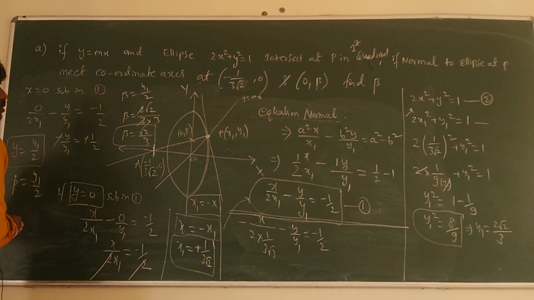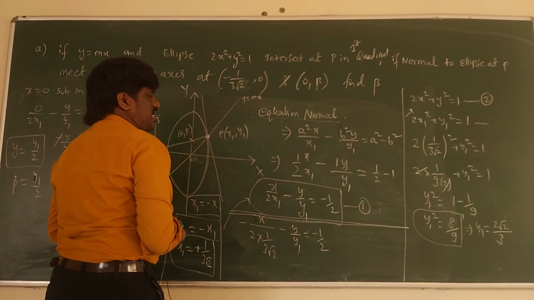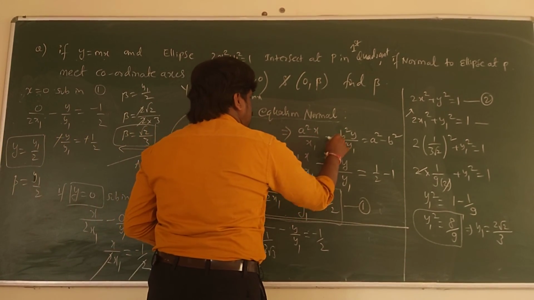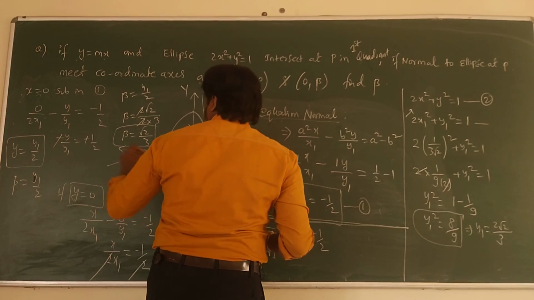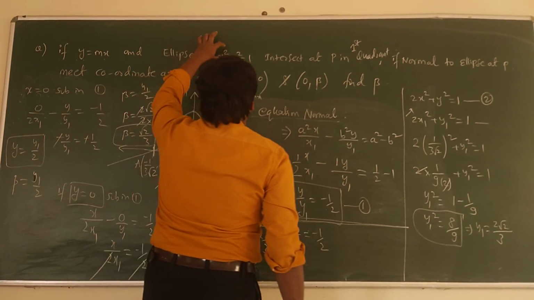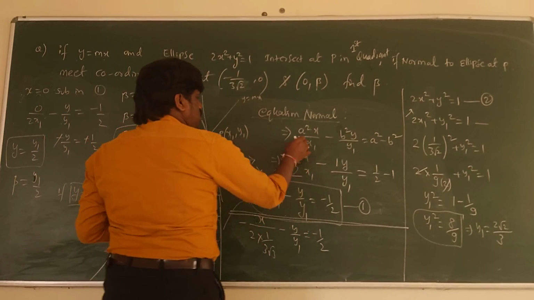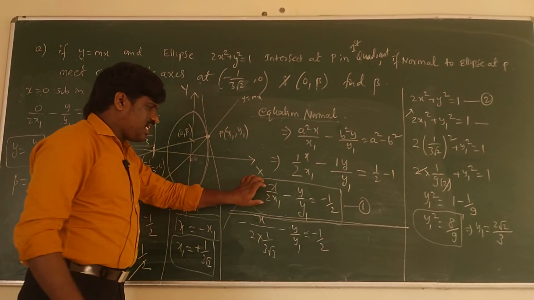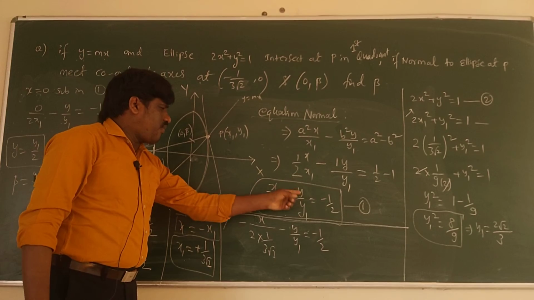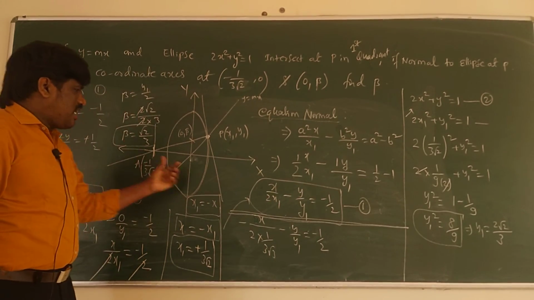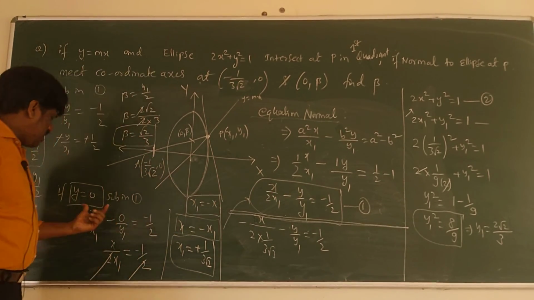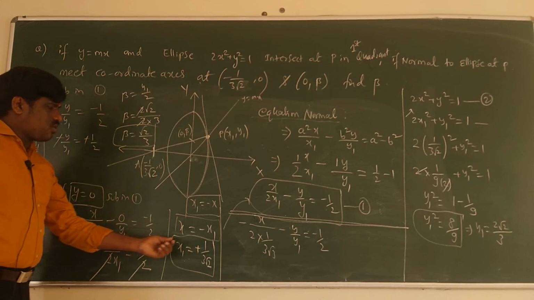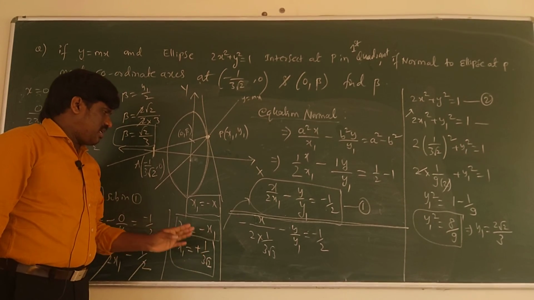Now what you need to do here: the equation of the normal I have taken, a square x by x1 minus b square y by y1 is equal to a square minus b square. As given in this, a square value substituted, b square value substituted, you got the equation of the normal. In this, I substituted y is equal to 0.